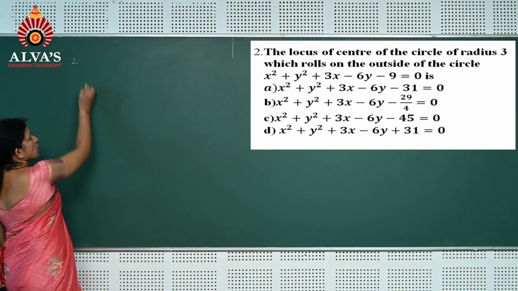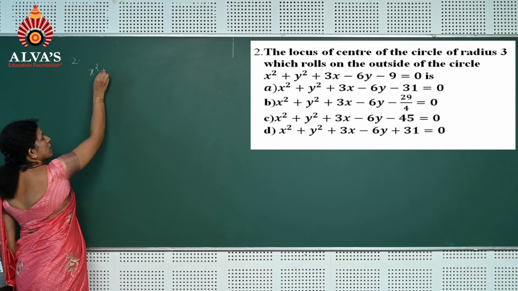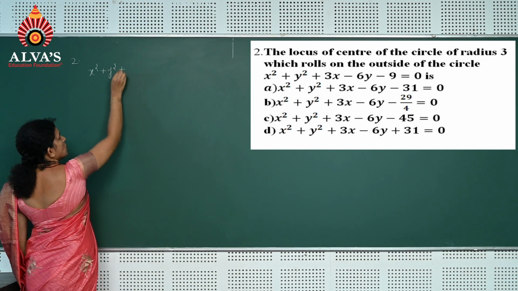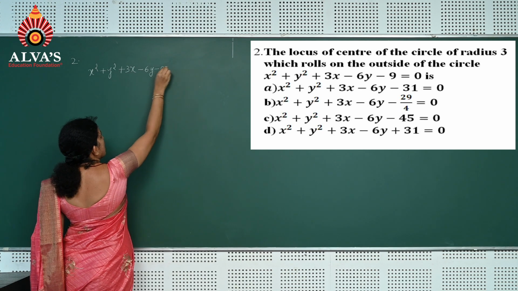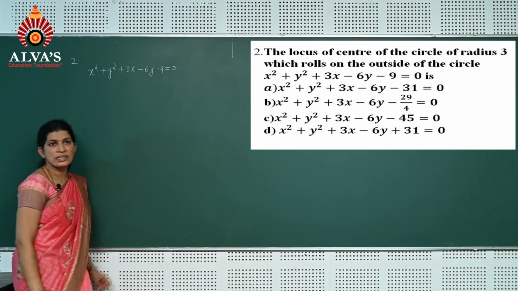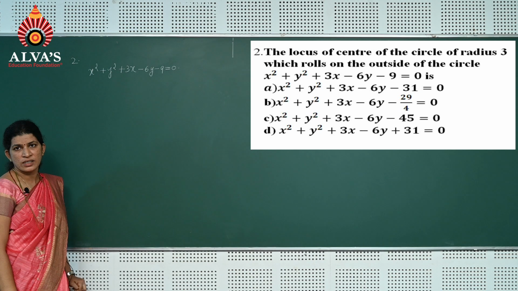See here, the equation of the circle is given, that is x square plus y square plus 3x minus 6y minus 9 equal to 0. This is the given equation of the circle.